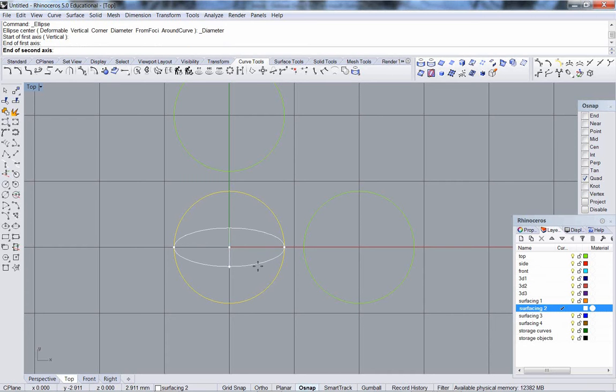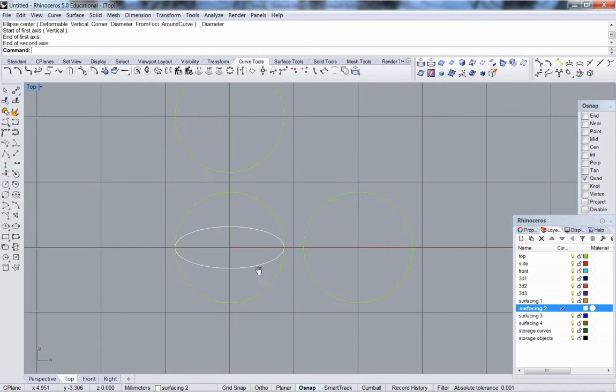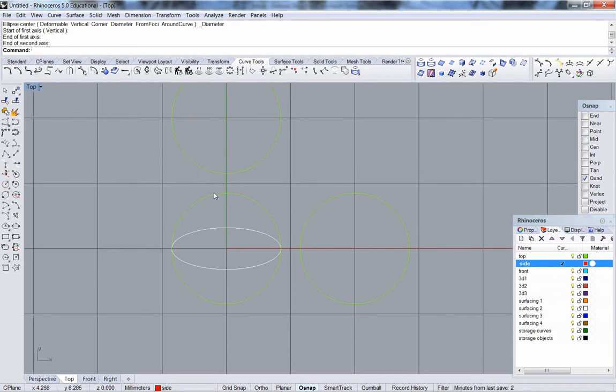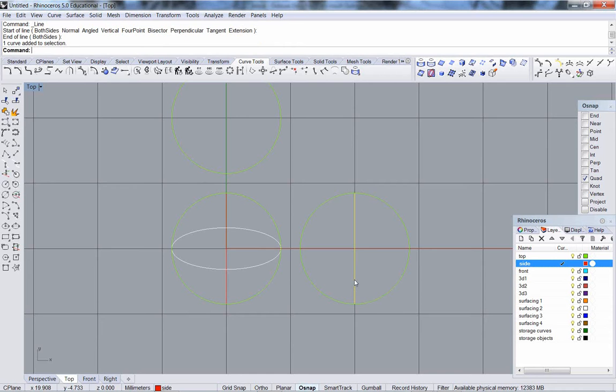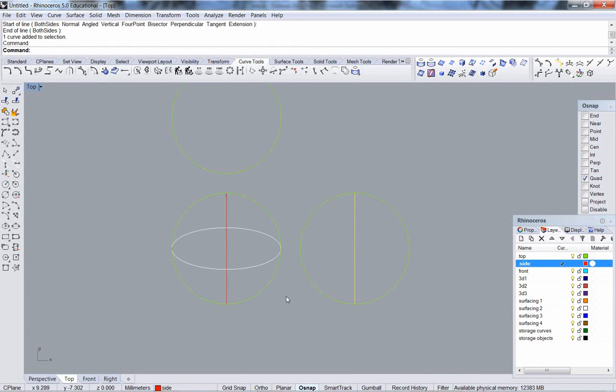Let's take this one, for example. Every three-quarter view has axes, just like we discussed in Rhino. The axes in the three-quarter view and the side view are clearly visible.